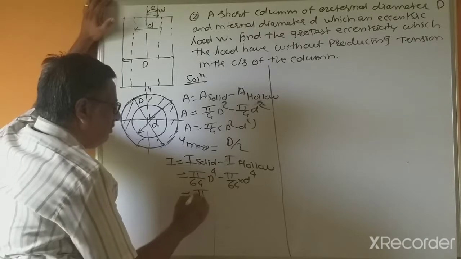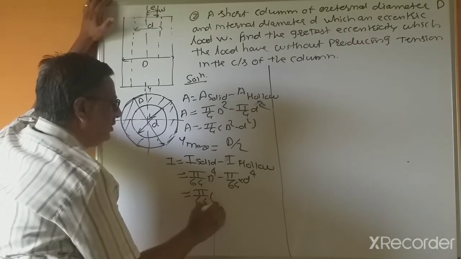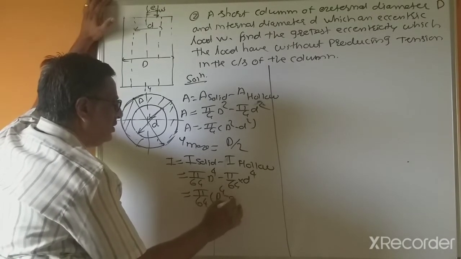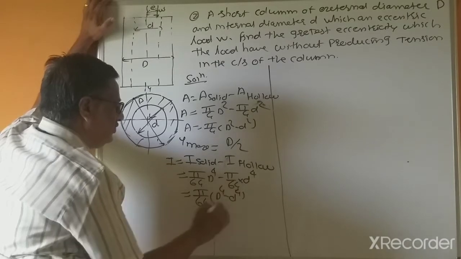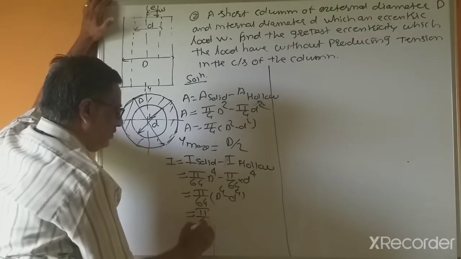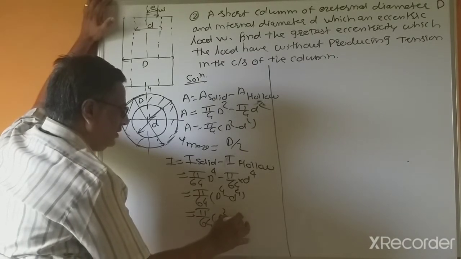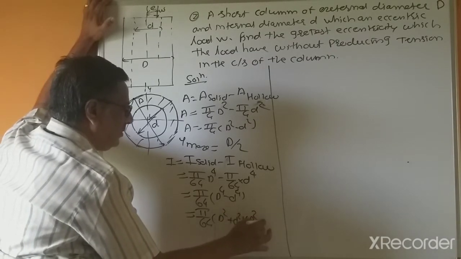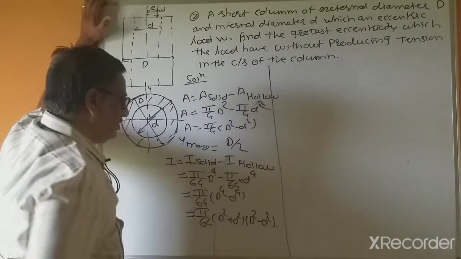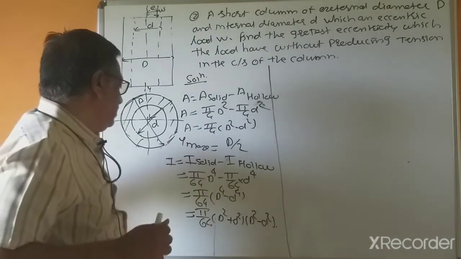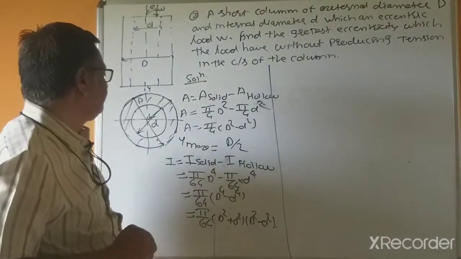Take common pi by 64, capital D raised to 4 minus small d raised to 4, or the same you can write as capital D squared plus small d squared times capital D squared minus small d squared. Right?